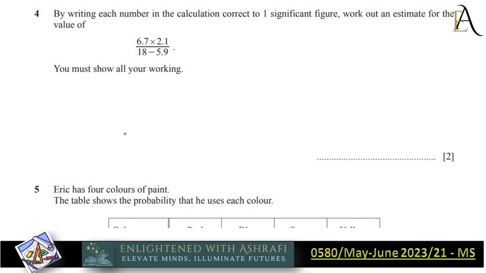Over here 6.7 estimate will become 7 since we want one significant figure, so it will become 7 multiplied by 2. 18 estimate is 20, which is one significant figure, minus 6. So finally we get 14 upon 14, which is equal to 1.